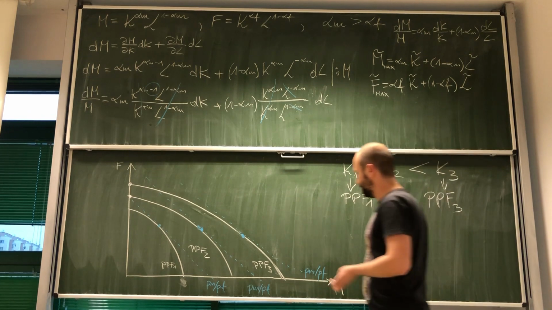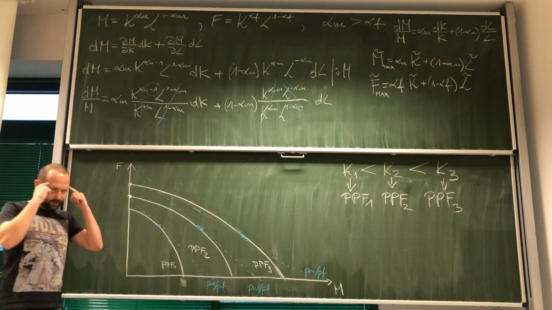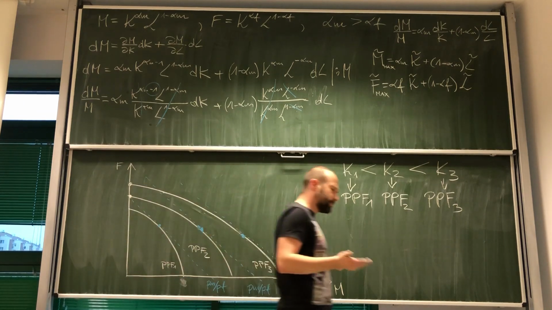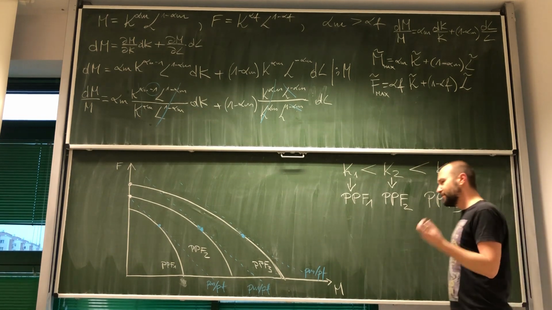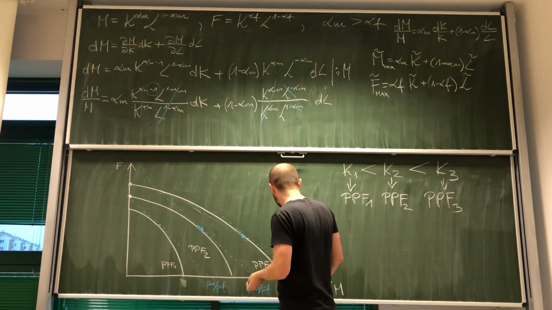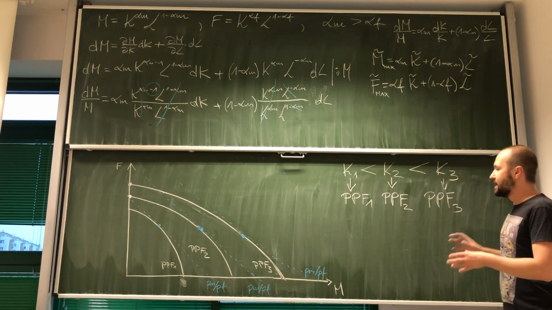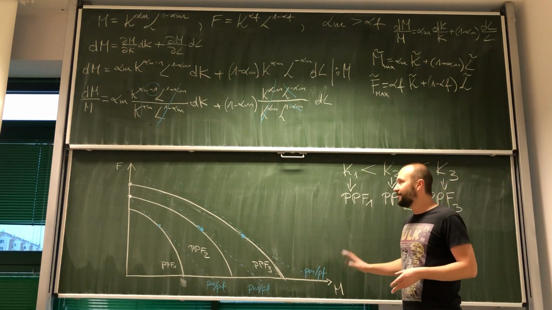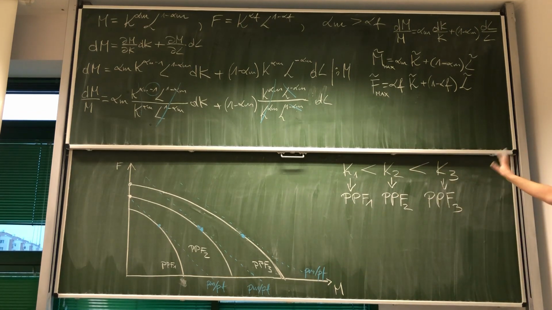Okay, now, what can we see over here? First, let's think what Rybczyński proposition stated in the nutshell. Rybczyński proposition said that in neoclassical framework, if level of one factor of production increases, let's talk about capital.